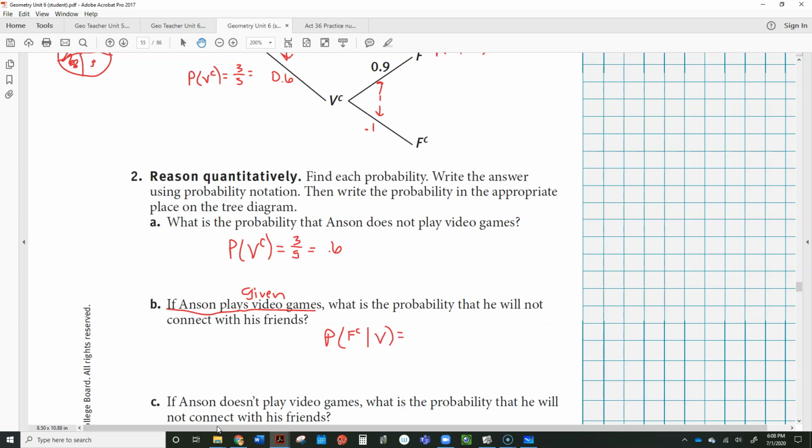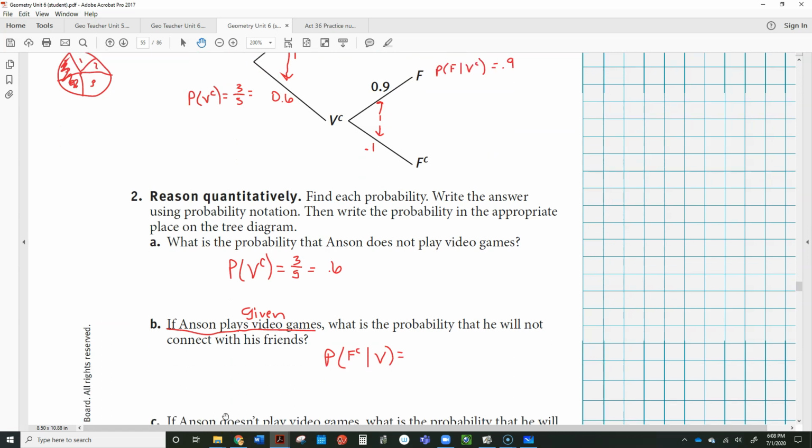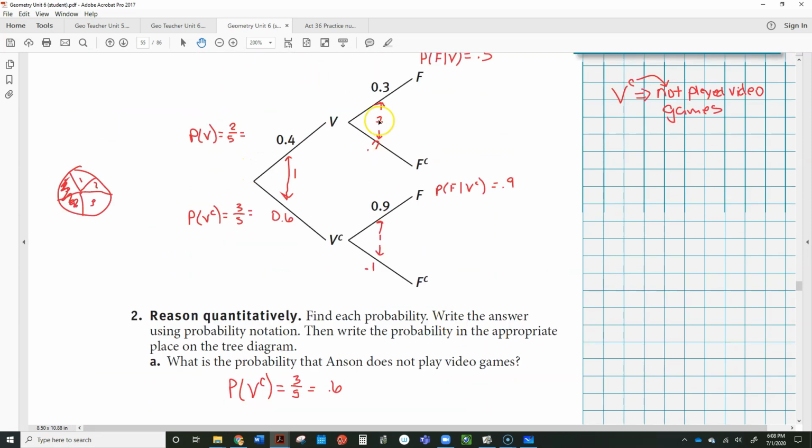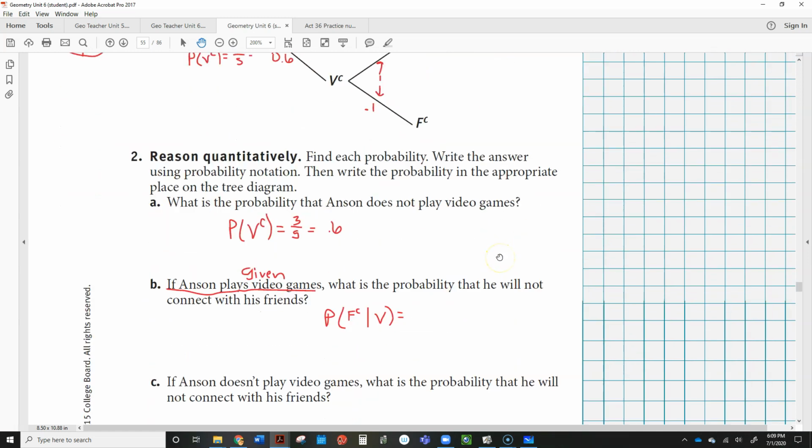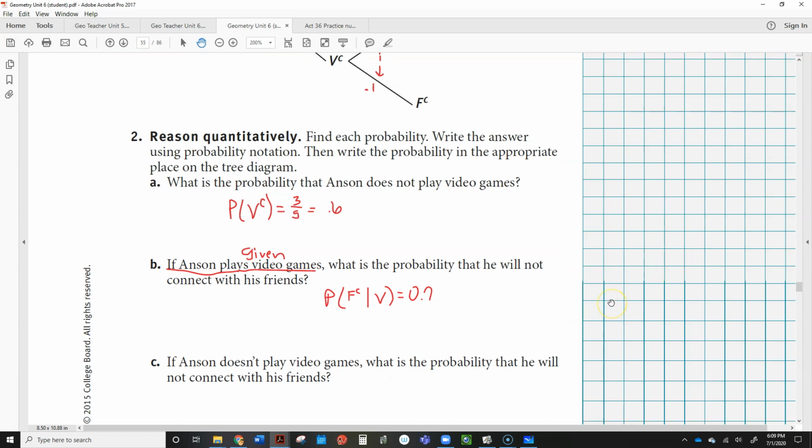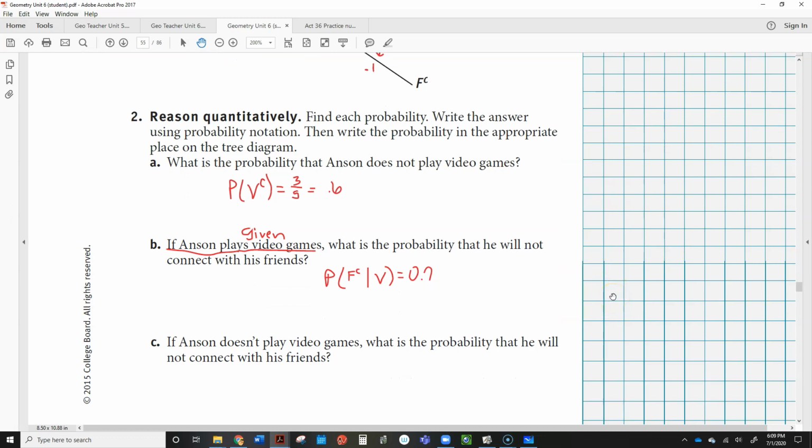Okay, so we found that one. We have to go back to the fact that he played video games, so this has to happen first, and then he did not connect with friends. So those two had to add together to be 1, so it was 0.7.